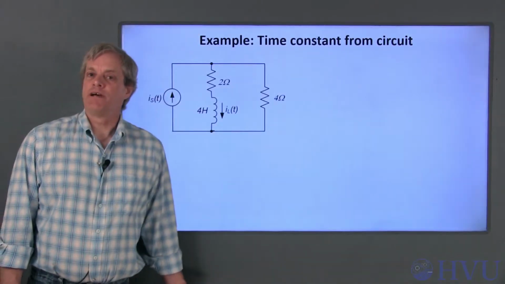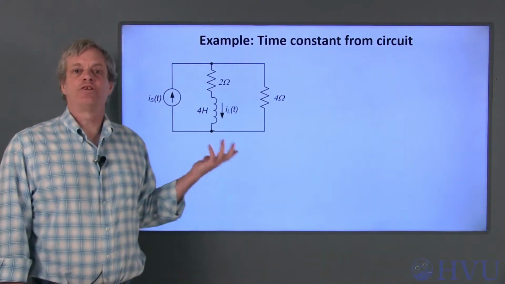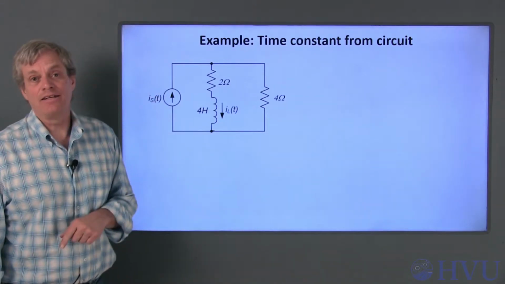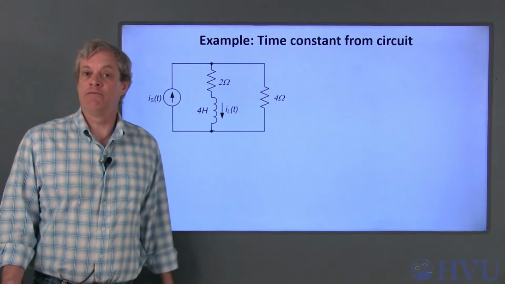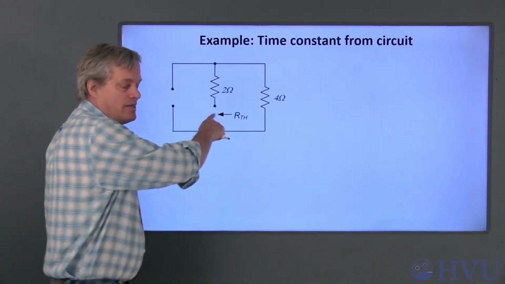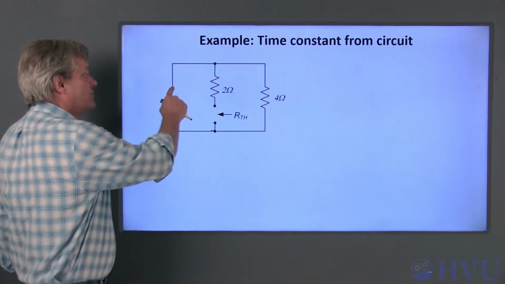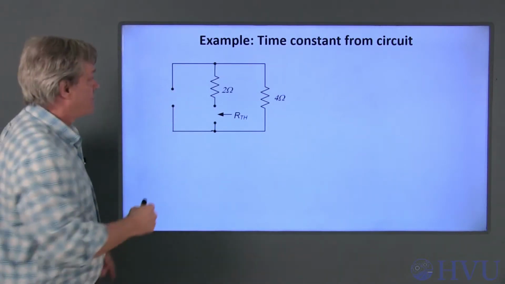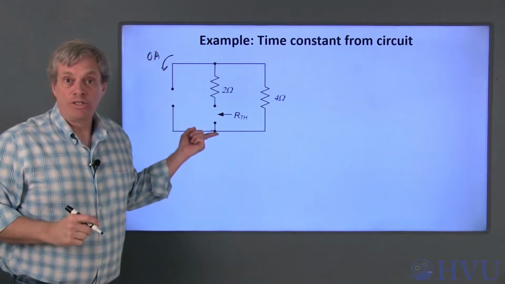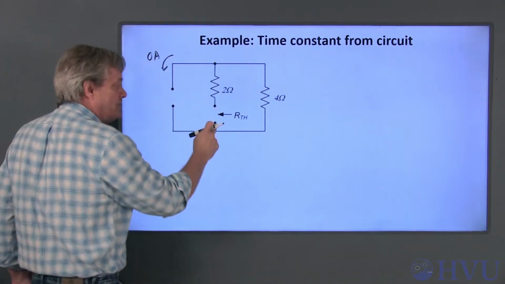We can check the time constant we got on the previous slide by determining the equivalent resistance seen by the inductor and then plugging that into our formula for the time constant of an RL circuit. I can get the Thevenin resistance seen by the inductor by killing the sources, so my current source becomes an open circuit, so there's no current through here, and determining the voltage-current relationships across the inductor terminals.